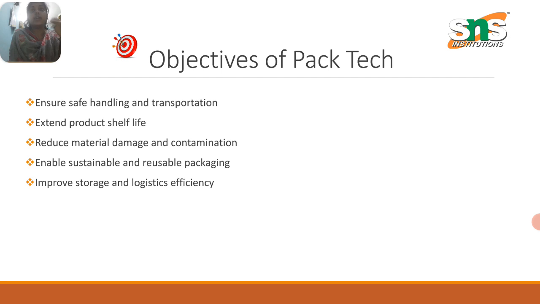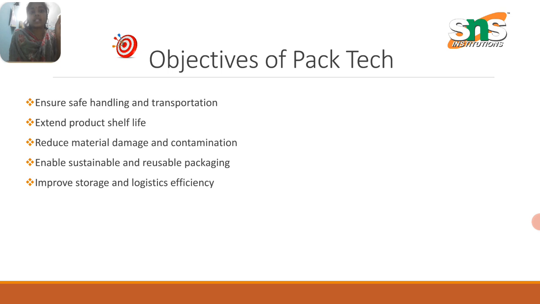If we are transporting, mainly we have to concentrate on avoiding damages, and in the name of contamination mainly we concentrate on food products. If we transport or move food products, contamination may occur. So, if we pack the product properly with suitable materials, it helps avoid the contamination.